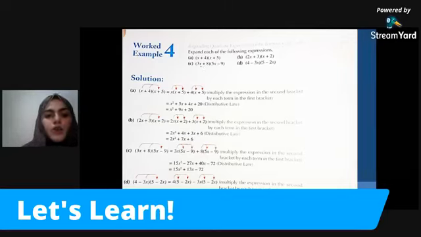How will we open it? Let's suppose I'm doing part C, and I've taken the bracket 3x plus 8. Now I will break this into two parts. One is 3x and the other is plus 8. I will take the 3x and multiply it with the second bracket, which is 5x minus 9.